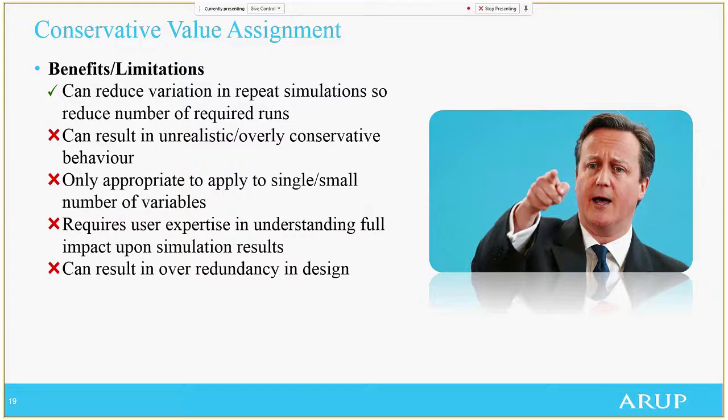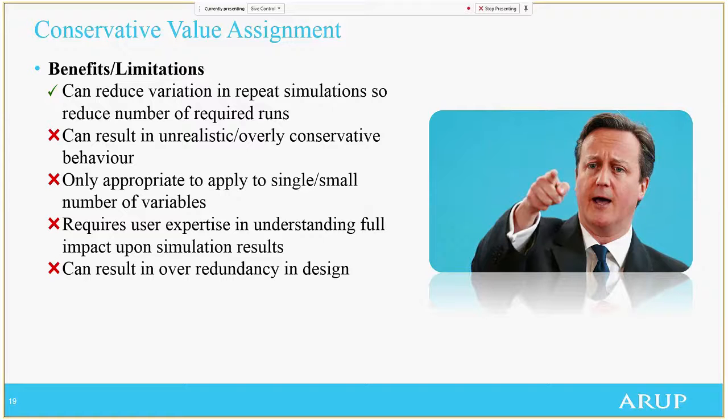In terms of the benefits and limitations, the benefit is obviously it can reduce the variation in repeat runs, thereby reducing the number of required runs. In terms of the negative aspects, it can result in unrealistic or potentially overly conservative behaviour. It's only really appropriate to apply to a single or small number of variables, because the minute you start applying it to multiple sets of variables, it can become very hard to keep track of where everything is.